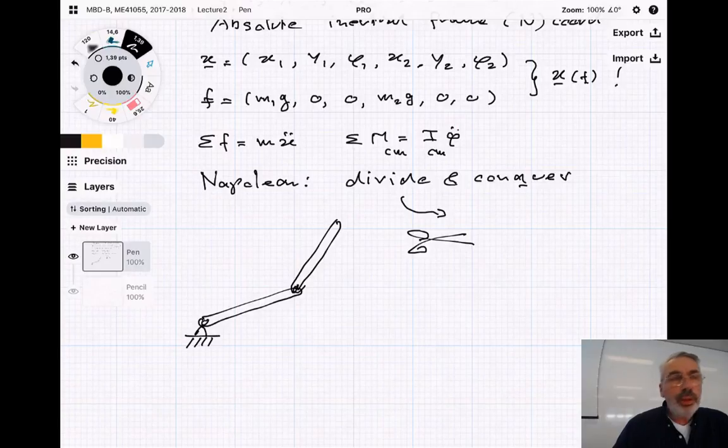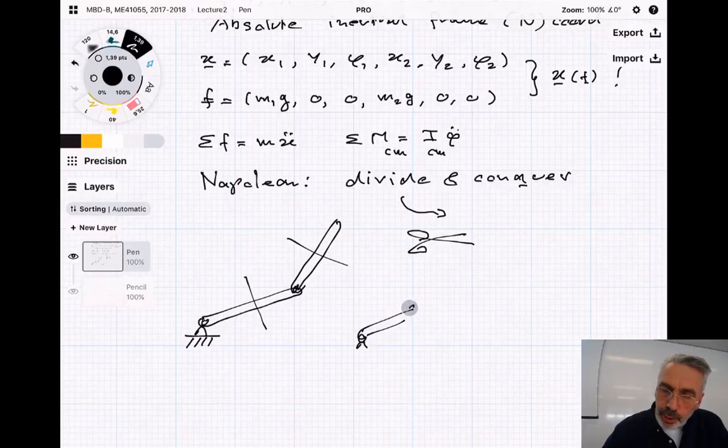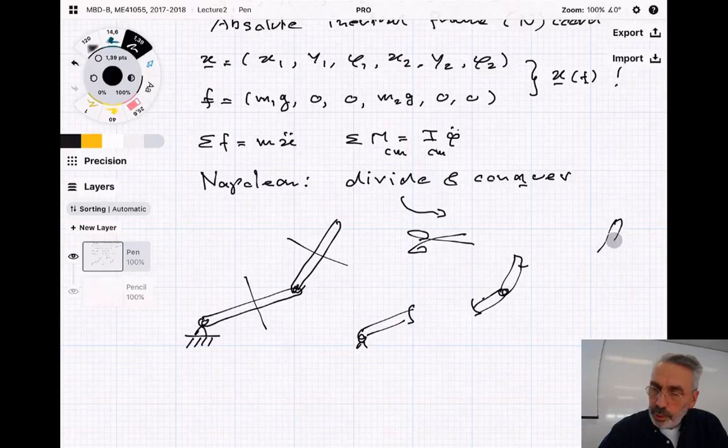So where are we going to cut? Now, you could say, oh yeah, I cut this body in half and I cut this body in half. You could do that. And then, of course, when you do that, you have to draw the separate bodies. So you say, I have this support, I have this body, and then I have this stuff going on here with the hinge. And then I have this part. And as said in the audience, this is not so nice.